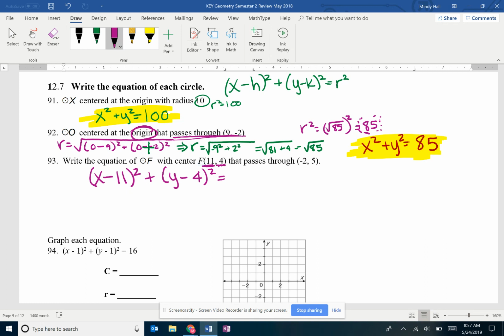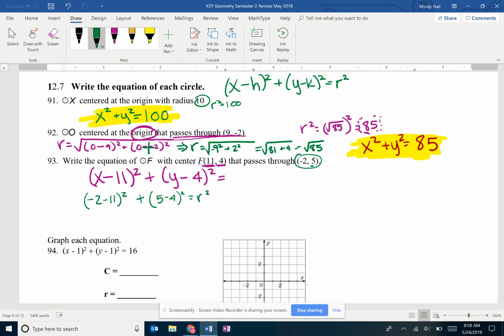Now, the bonus to doing this is if you use the circle formula that you started, that's going to be equal to r squared, and that number is going to go away here soon. But since this equals r squared, what we can do is plug this into the formula we already have. So the x value we have is negative 2, so negative 2 minus 11 squared, plus the y value we have was 5, so 5 minus 4 squared, and that's going to be equal to r squared.